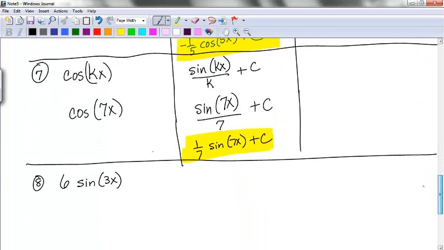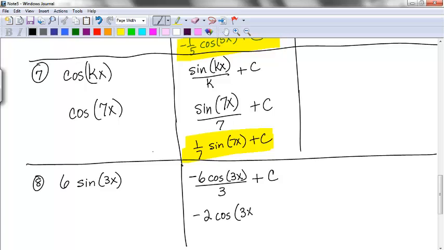Negative cosine. The 6 stays the same, so it's negative 6 cosine of 3x divided by 3 plus c. So simplified, that 3 divides into the coefficient in front. It does not change the angle. And then plus c.